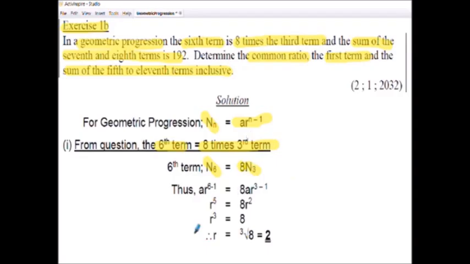If I put the equation in for n6, we get ar to the 6 minus 1 is equal to 8 times ar to the 3 minus 1. On the next line, I get ar to the 5 equals 8ar squared. Notice the a's have cancelled because they're common to both sides of the equation. Dividing throughout by r squared, I get r cubed is equal to 8, and the cube root of 8 gives me a value of 2. So my r value is 2.